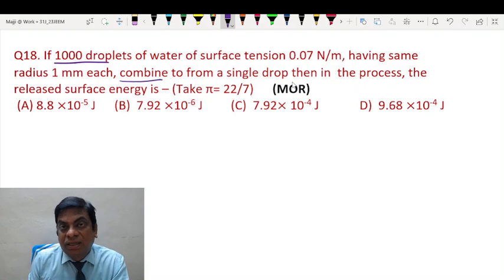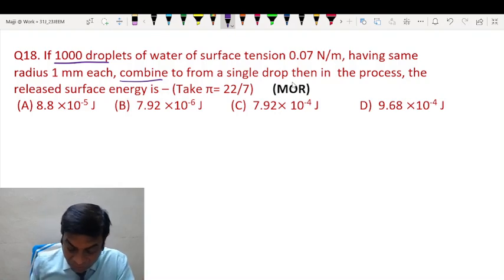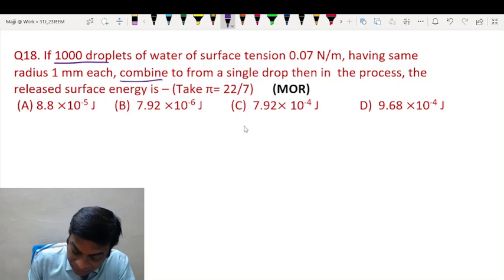When the surface area reduces, automatically the surface energy reduces, because surface energy per unit area is a constant, which is equal to the surface tension of the liquid. So as area decreases, surface energy decreases. That means the excess energy must be released in some form or other, mostly in the form of heat. So the released surface energy will be equal to the decrease in area multiplied by surface tension.